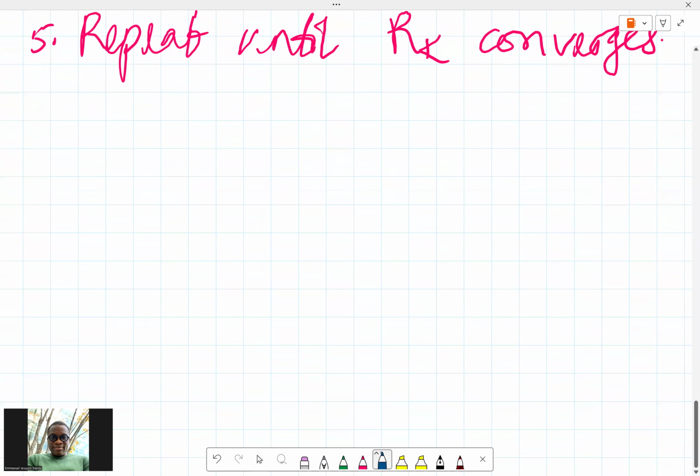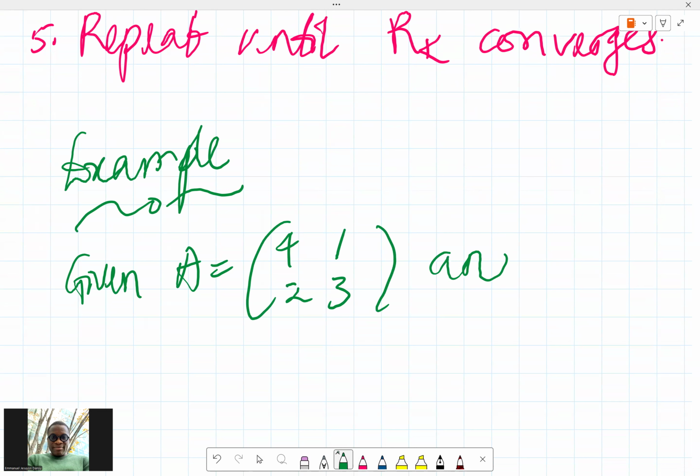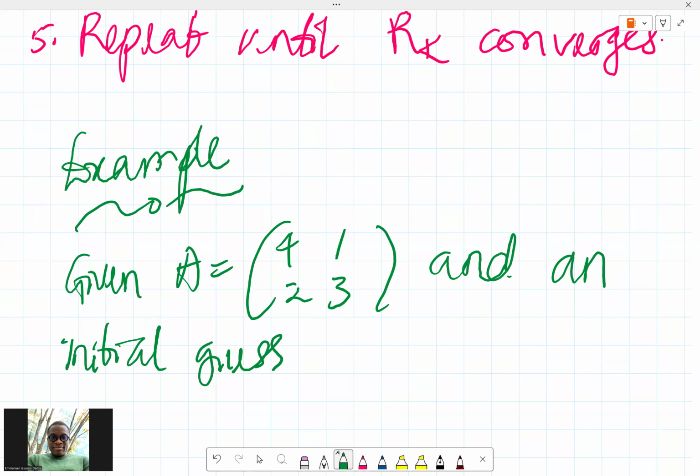So let's take an example, the same example all the way. Given A equals [4, 1; 2, 3] and an initial guess x naught, which is [1, 1].